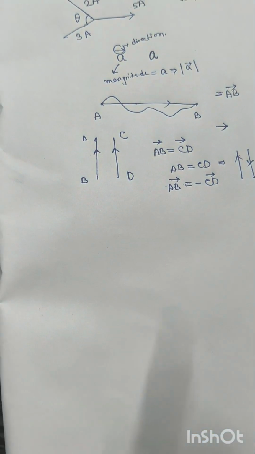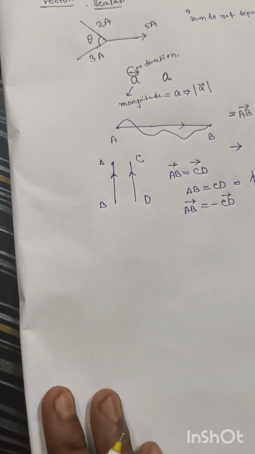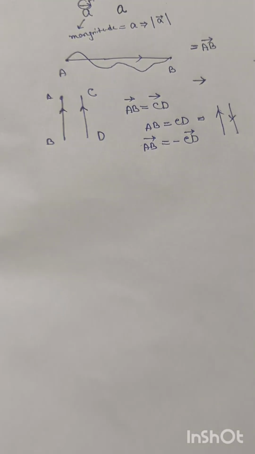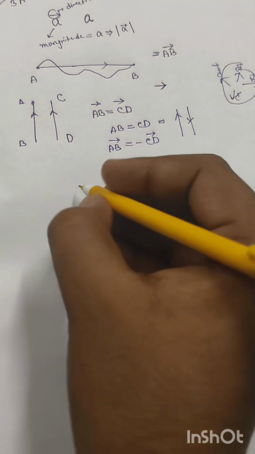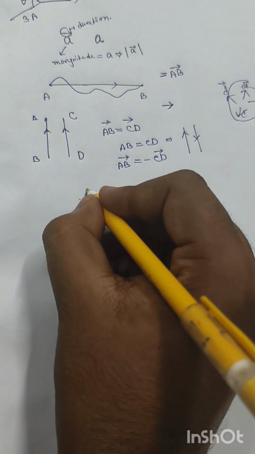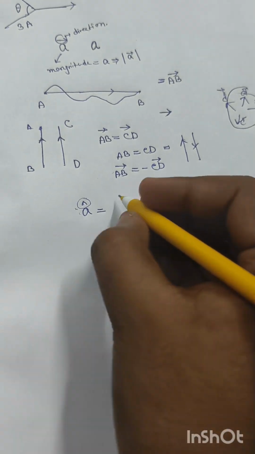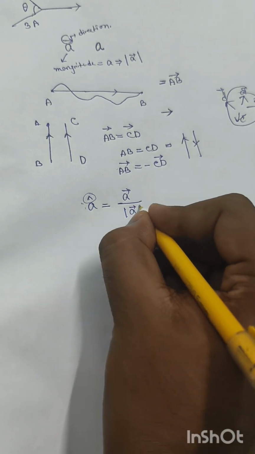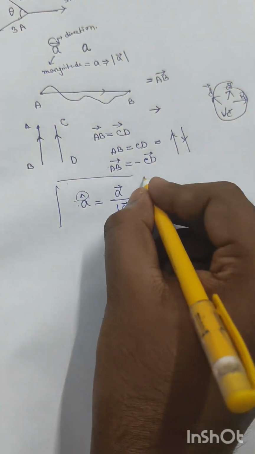They are coplanar vectors. And the unit vector. Unit vector means a vector divided by its magnitude. It means its value is always 1 and it has only direction. And how can we define it? That sign. That is the unit vector.